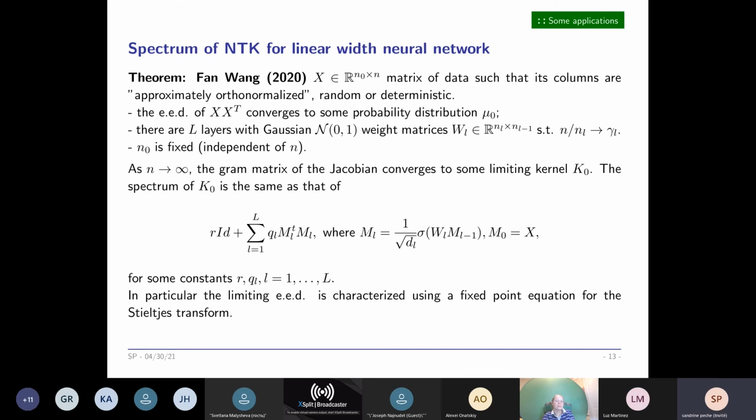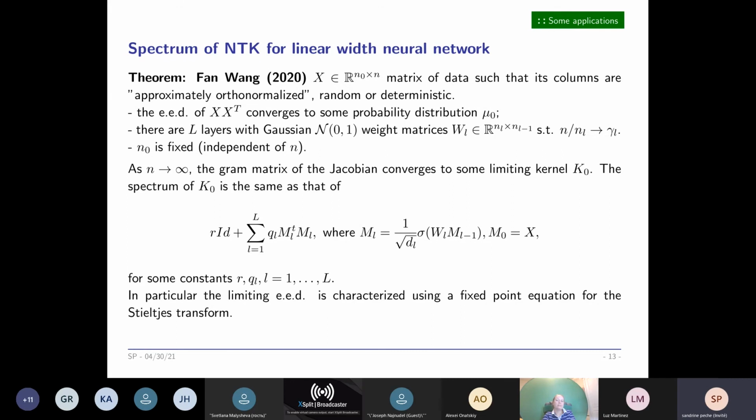So the important feature is that the columns of X are approximately orthonormalized. The important factor is the orthogonality assumption, actually. And what's more, its empirical eigenvalue distribution for X star converges to some probability measure mu0, and there are L layers.